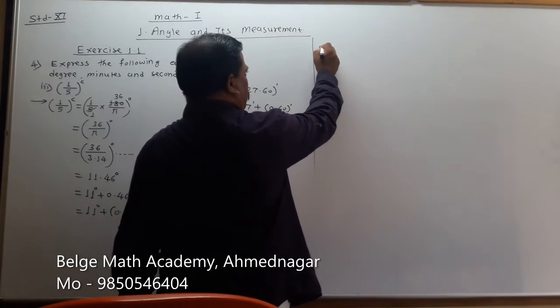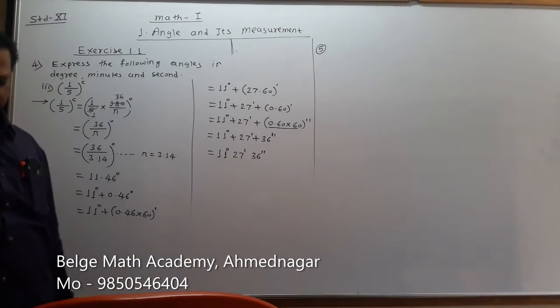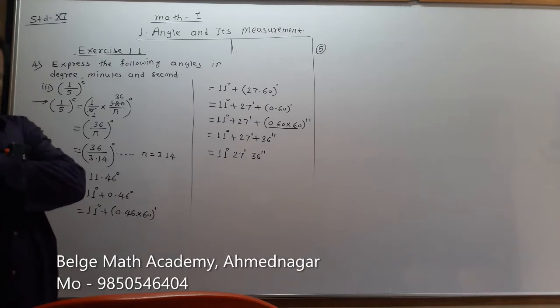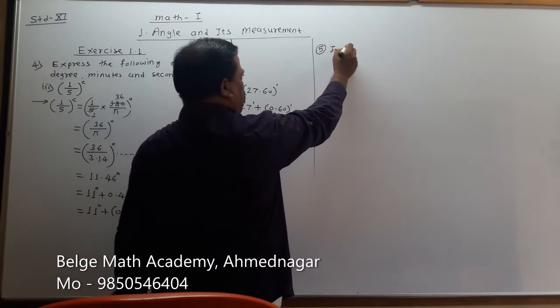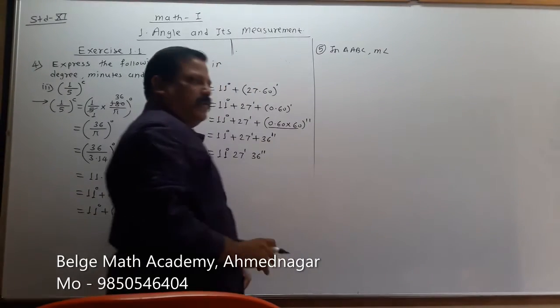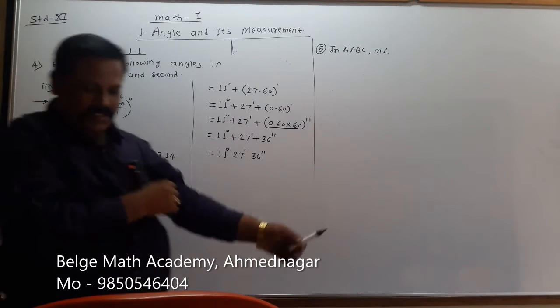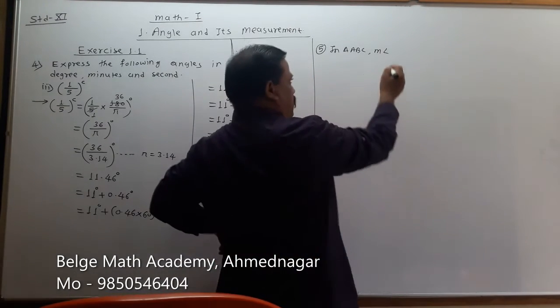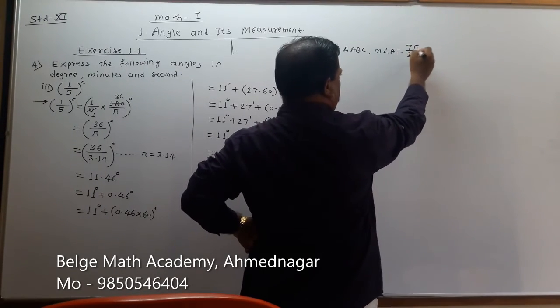Now write example number 5. Solving example number 5. In triangle ABC, the measurement of angle A is 7 pi upon 36 radian.